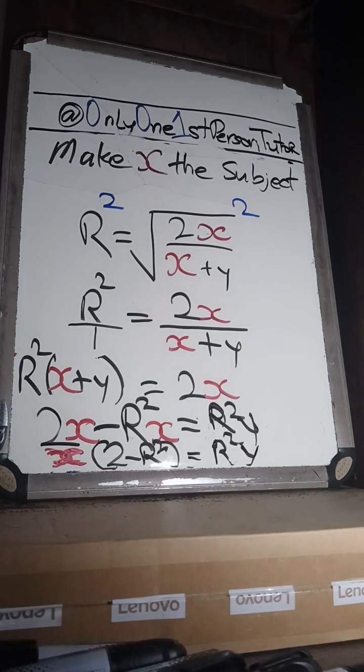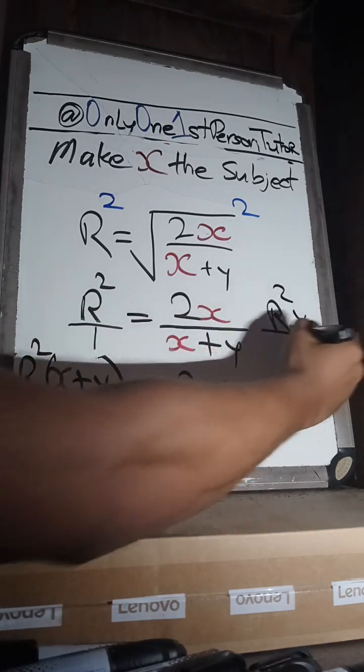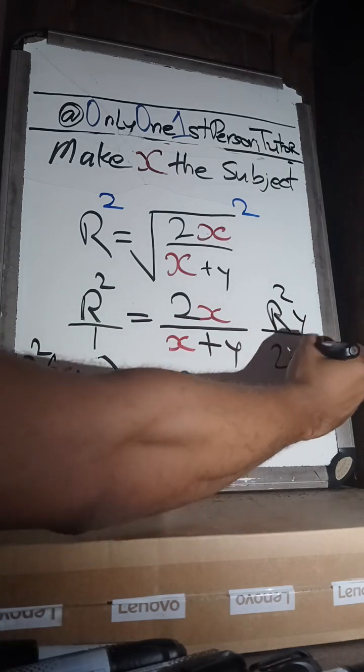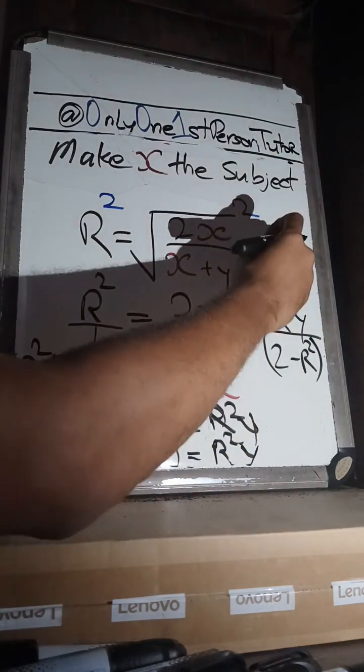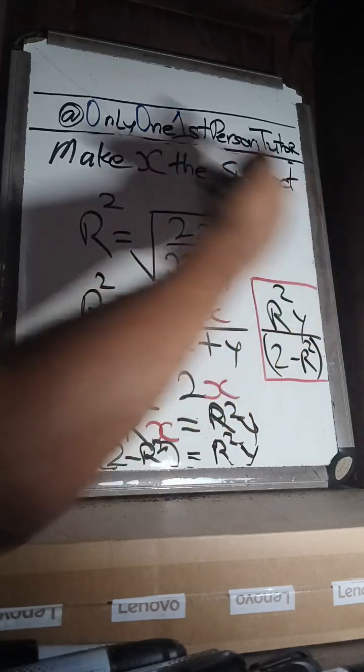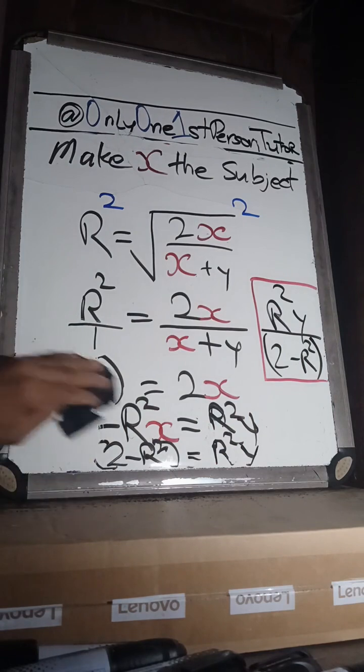So let's see, this is going to be r squared y divided by, so let me put that. So let's get rid of all of that. X is equal to all of that.